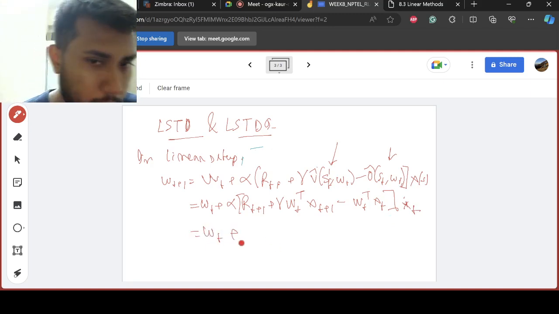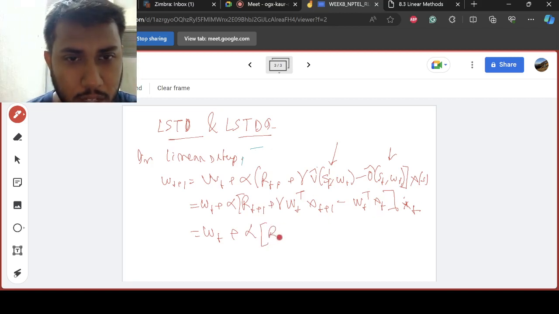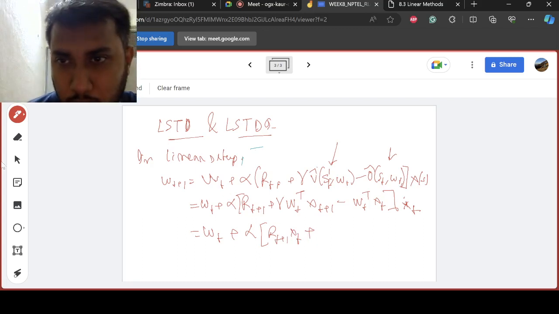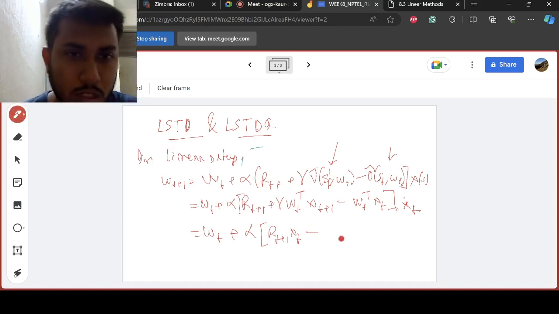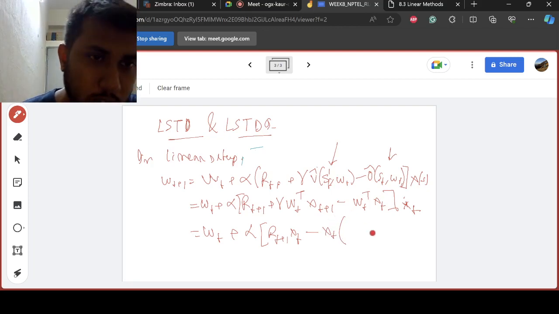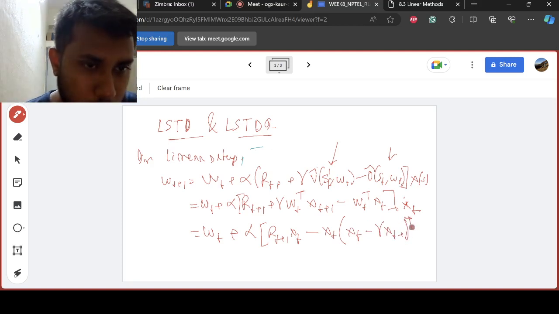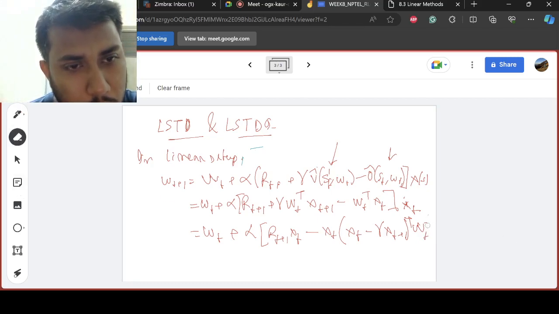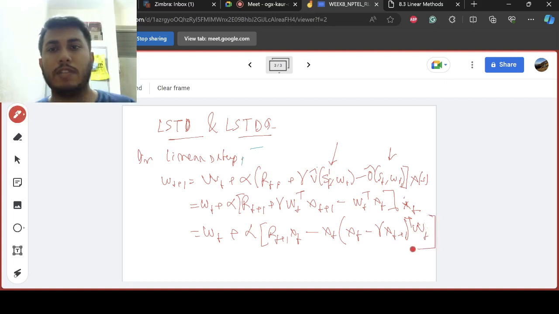Okay, W_t plus alpha, so I will multiply it here: R_{t+1} x_t minus x_t (x_t minus gamma x_{t+1}) transpose W_t. So this is some linear algebra, nothing more. Okay, so this is your typical update rule.